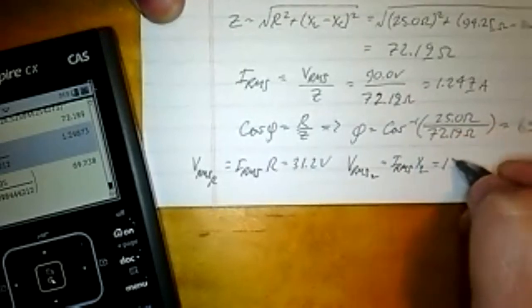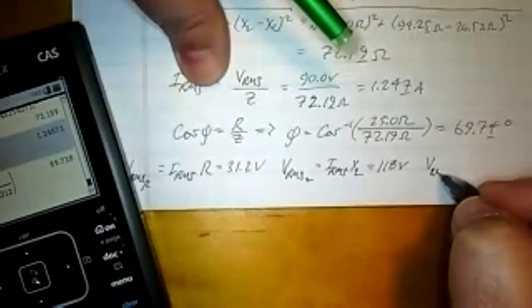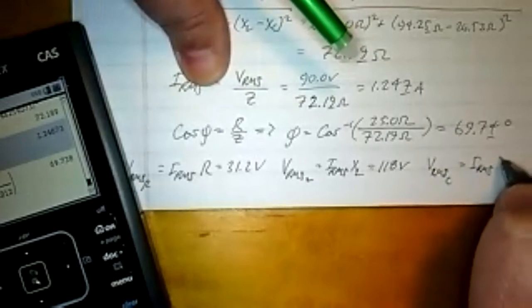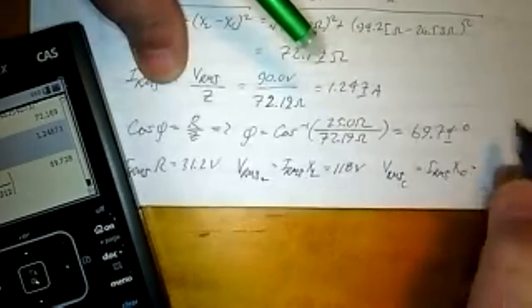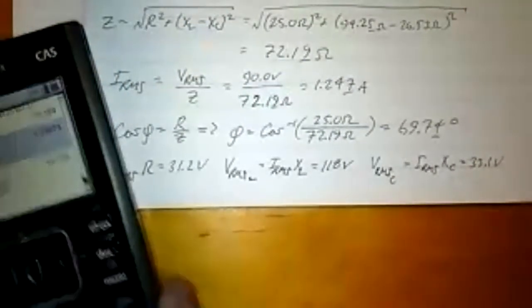In that case, you get 118 volts. And finally, VRMS across the capacitor is IRMS times XC, which you can see is 33.1 volts. And that's it.